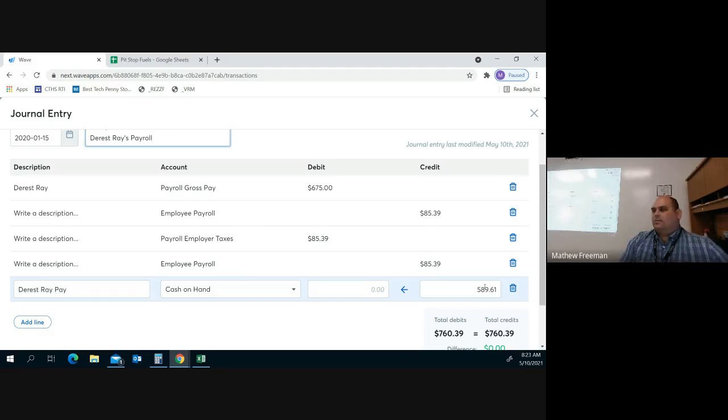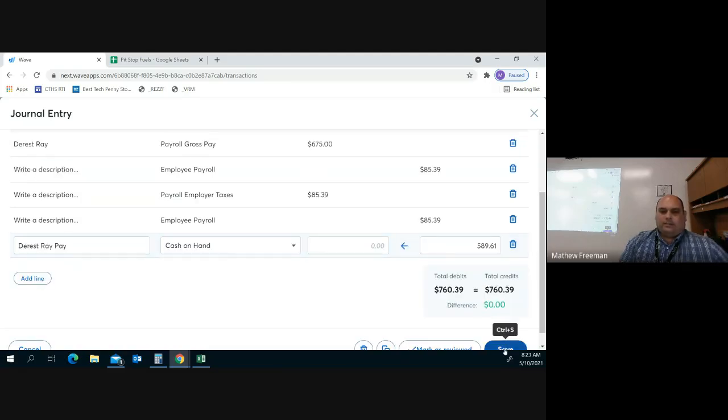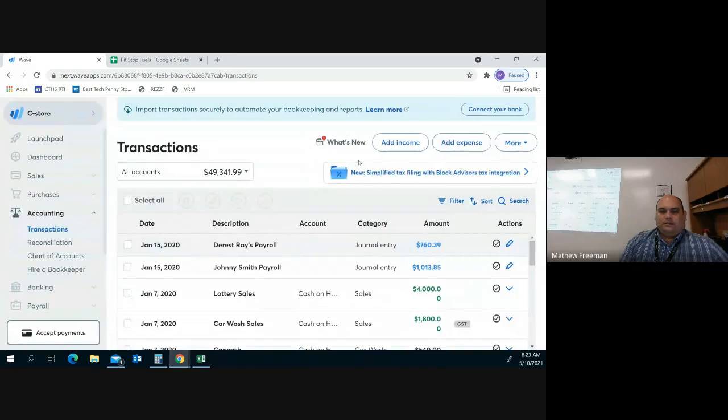That's what her paycheck should have been. When you have all that done, you hit save. And this is the total amount that is actually being debited, since we have to pay our portion of the taxes as an employer. So that's including our portion.